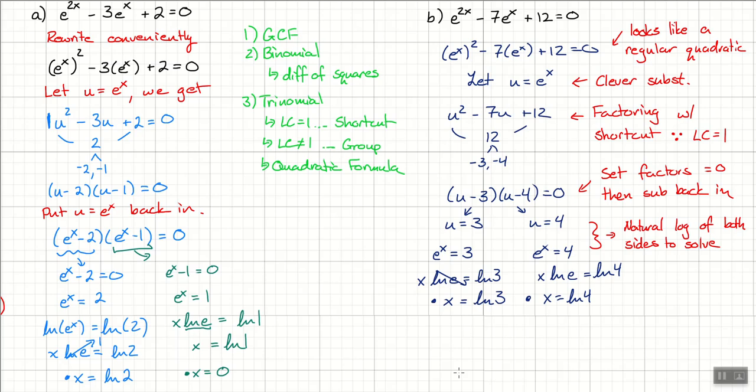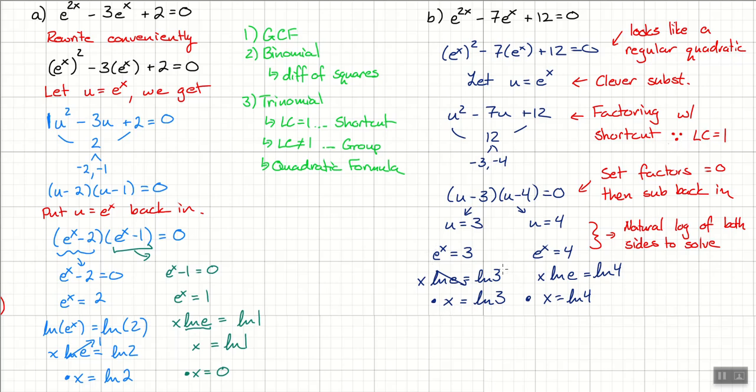And here is my detailed work. So very similar process. We rewrite this so that it looks like we have something squared minus something, or number times something in this first line up here. Then we use this clever substitution of u equals e to the x. We rewrite it, factor with that leading coefficient of 1. Just a reminder, this sign, the 3 dots right here, means because.